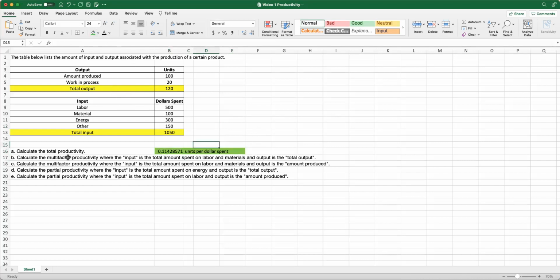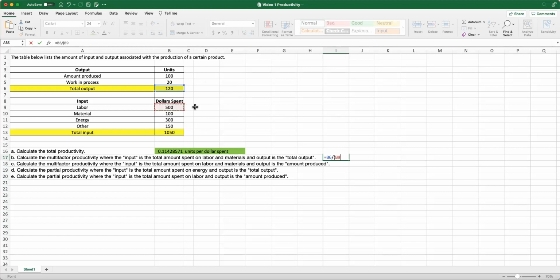All right. So the second question is a multi-factor productivity in which the input is the total amount spent on labor and materials, and the output is the total output. Okay. So the total output is already on our worksheet, right? It is 120. Now, for the input, the question is asking us to use the amount spent on labor and materials.